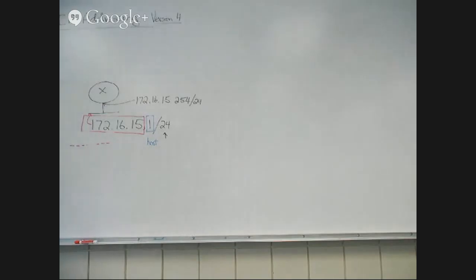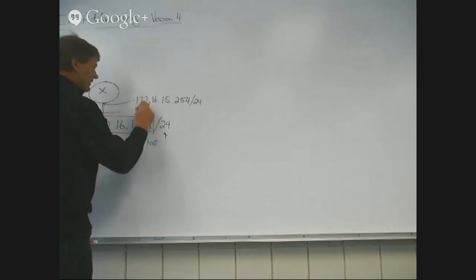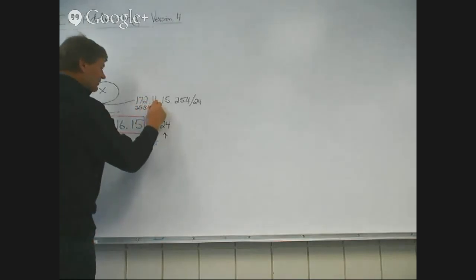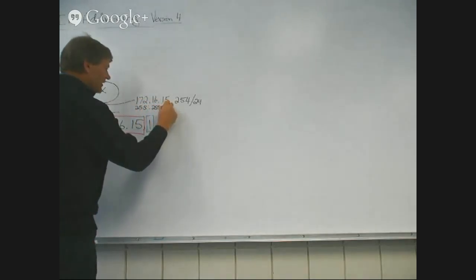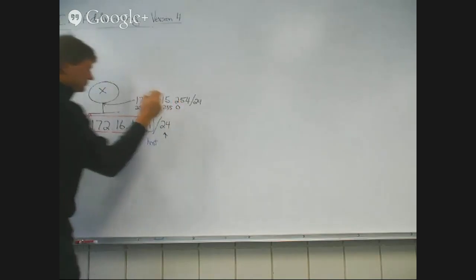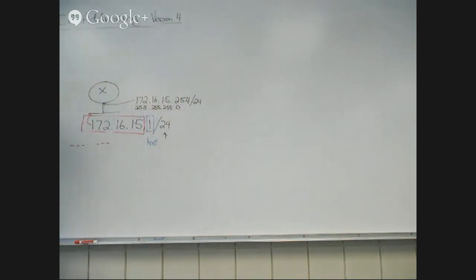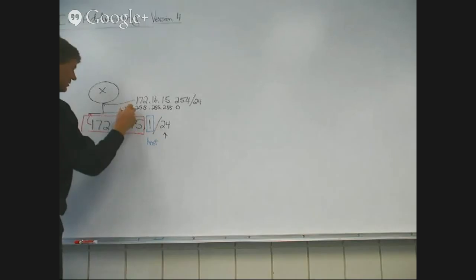Now, what did you configure in the router? Instead of calling it prefix bits, what did you do? Subnet mask, right? 255.255.255.0. Right? And the same subnet mask for both of these.